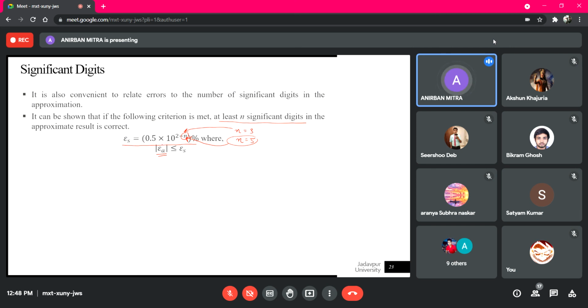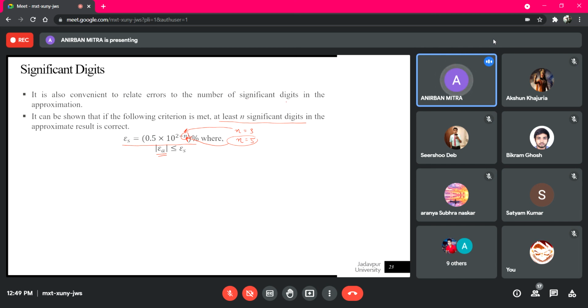So this is a very important expression. Derivation of this is not at the moment important for us, so I'll skip that. But you do need to remember the expression, how to calculate the epsilon s value. It is dependent on the number of significant digits.